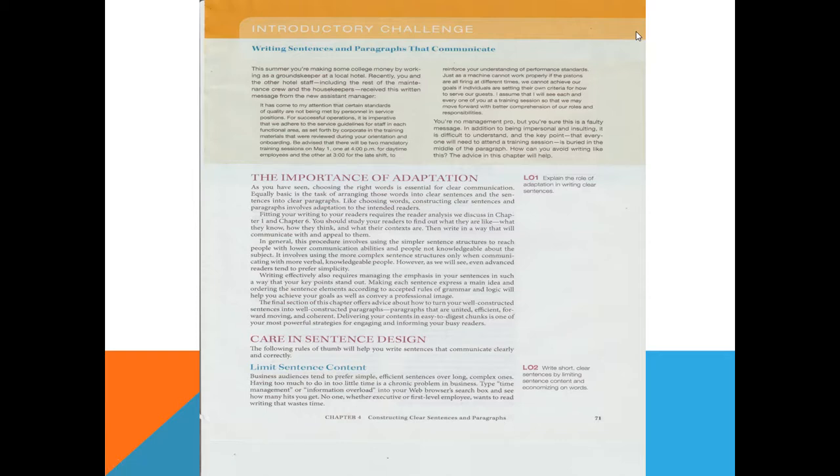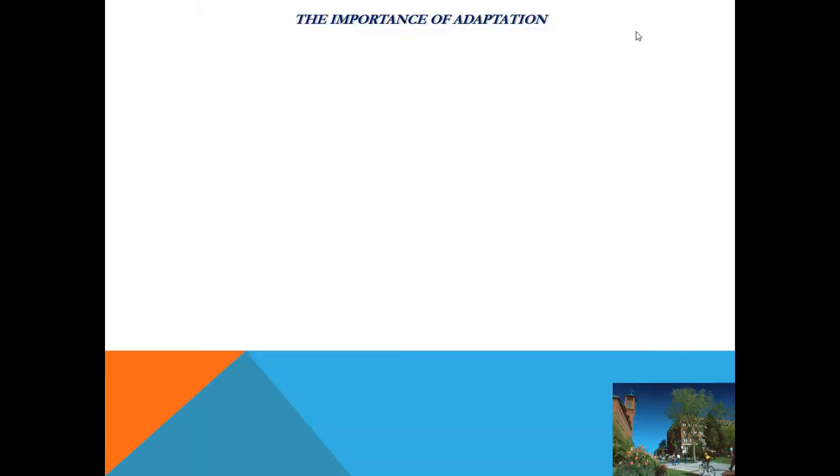On page 71 in your text, you studied the importance of adaptation. And I want to highlight the areas of adaptation. And here they are. The importance of adaptation is choosing the right words, essential for clear communication.